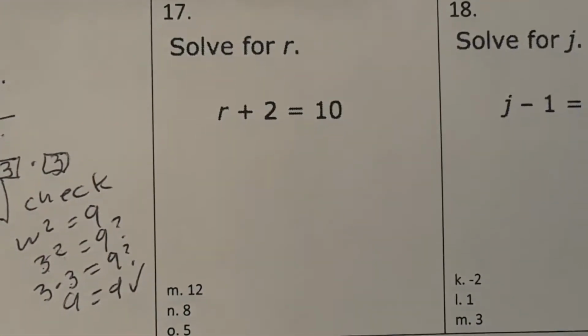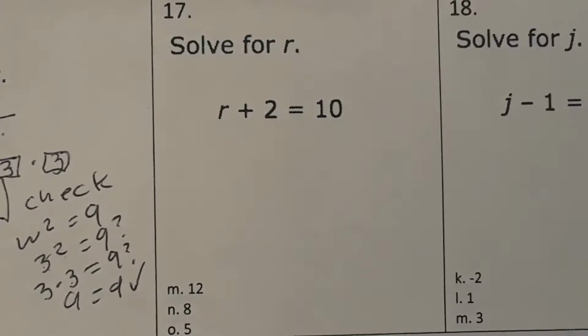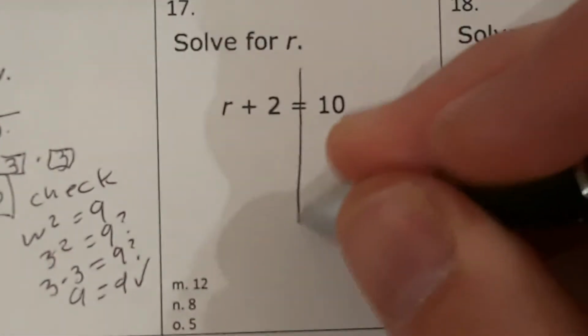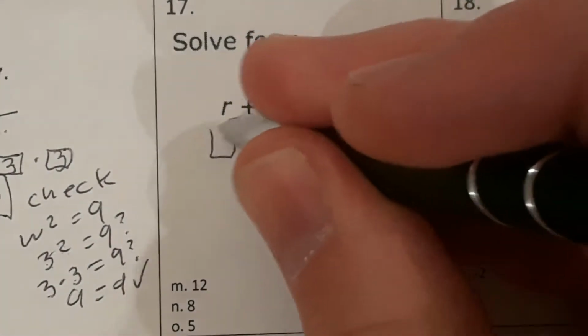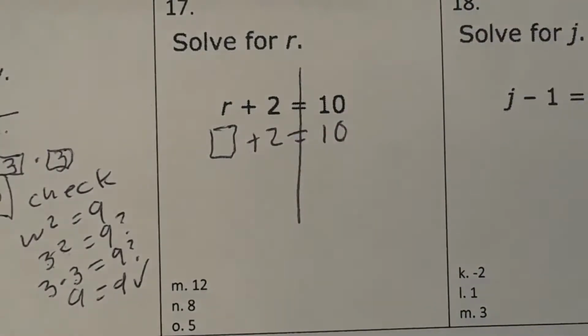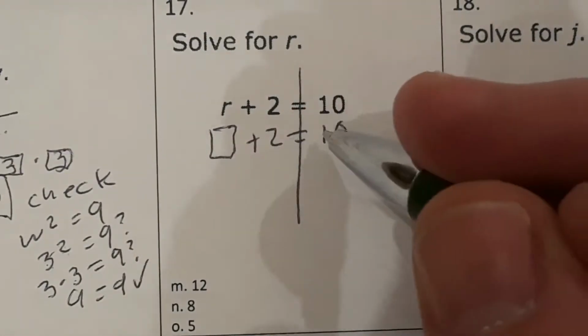Alright, 17. Solve for rabbits. Alright, now, it is Friday. Think a little bit on this one. What is the first step? Alright, if you said the first step was to draw the line, make rabbit simpler to something plus 2 equals 10, that is the way to go. Very good. So something plus 2 equals 10.